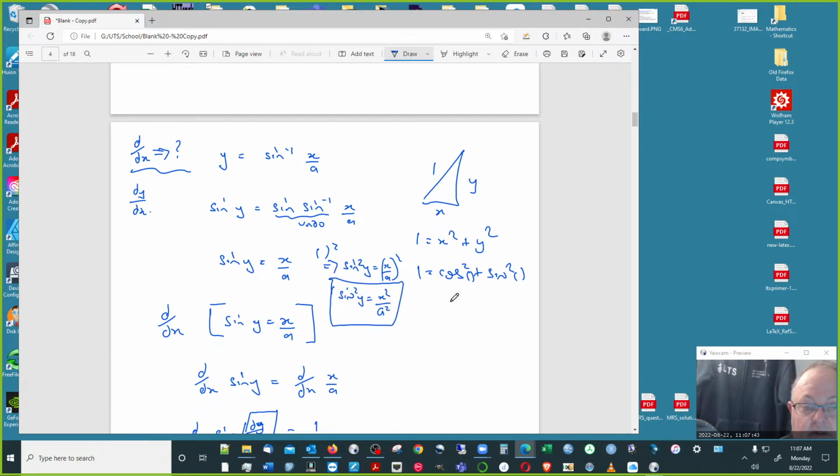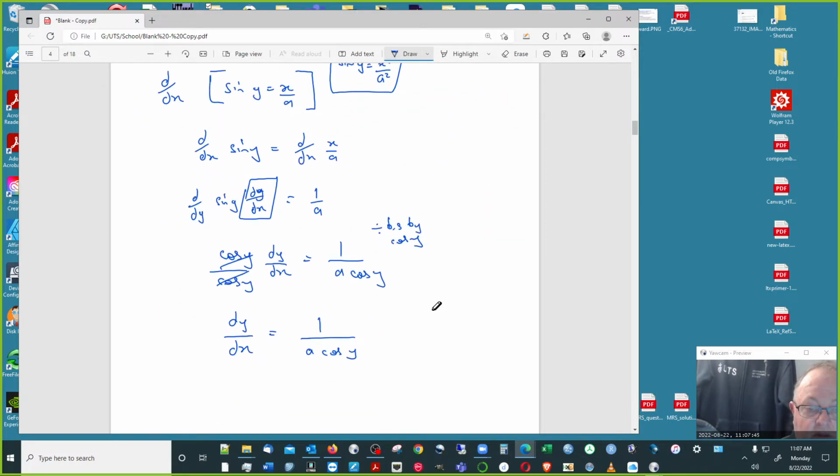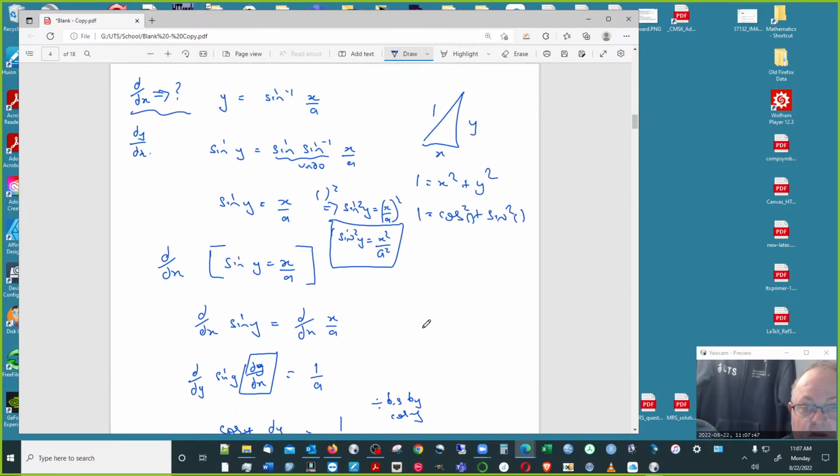So that might be handy in a minute. Okay, so down here we've got a need for cos, and all we've got at this point is this guy. So we're going to isolate cos squared theta, it would normally be, and we do that by subtracting sine squared from both sides. And so we get 1 minus sine squared on both sides. And finally we want cos, so we're going to take the square root of both sides.